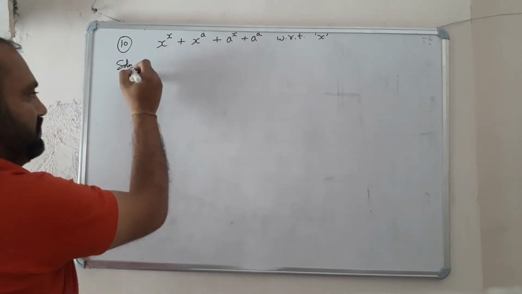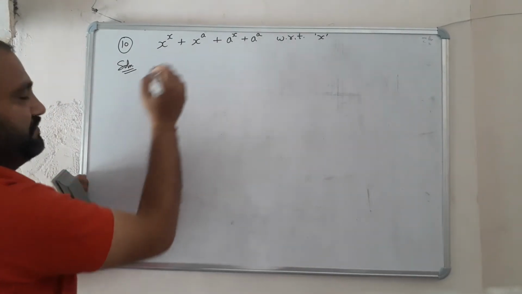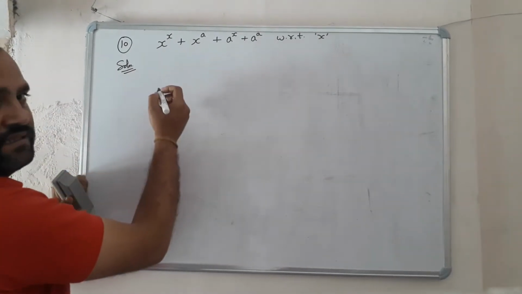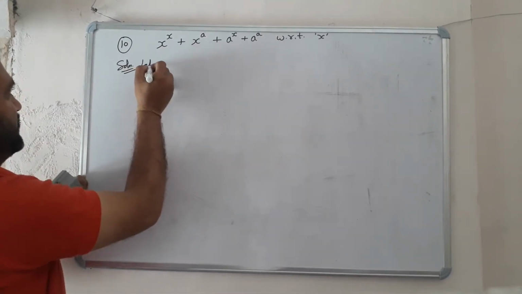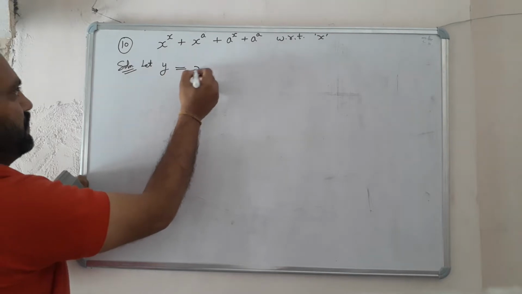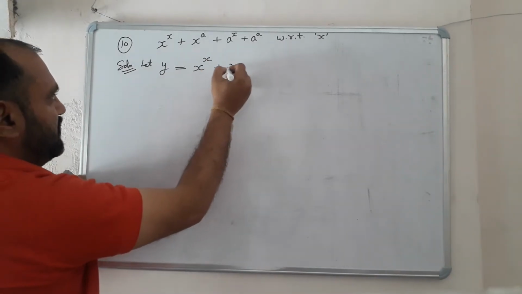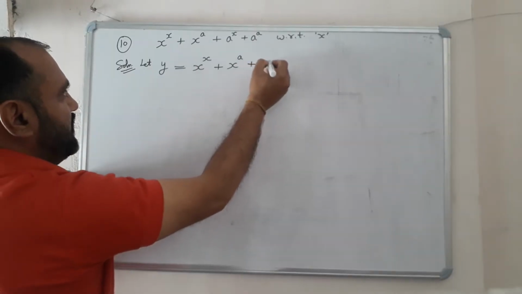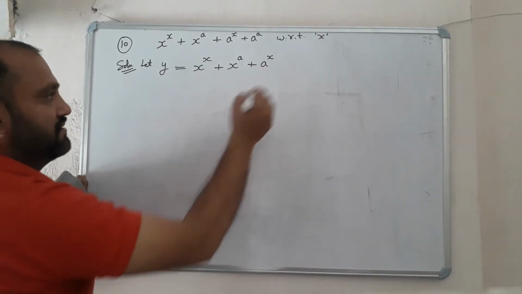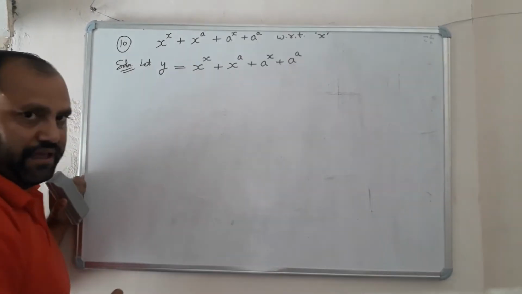How to solve this question? Consider this as y. Let y is equal to x raised to the power x plus x raised to the power a plus a raised to the power x plus a raised to the power a.